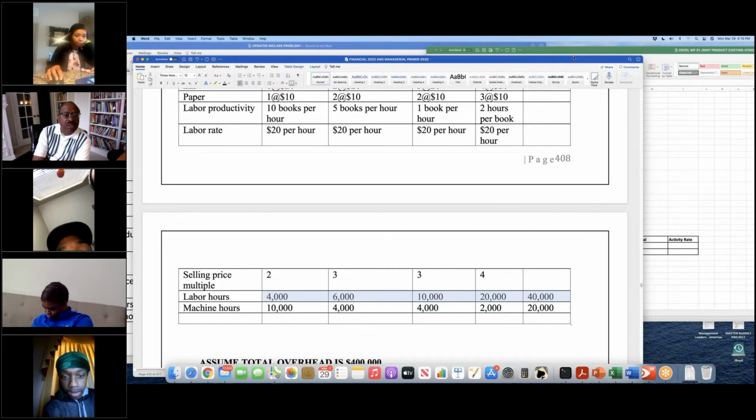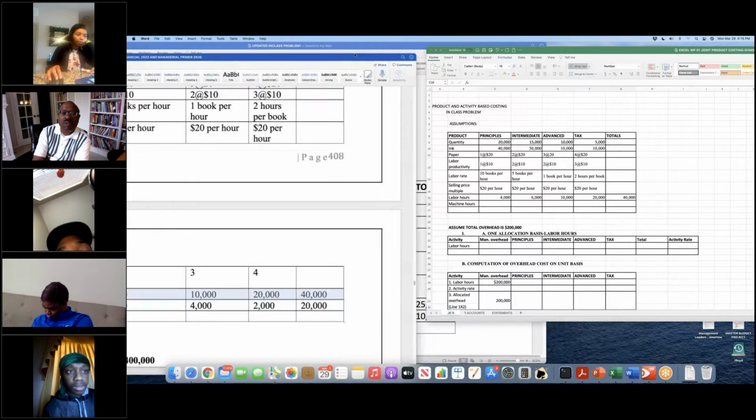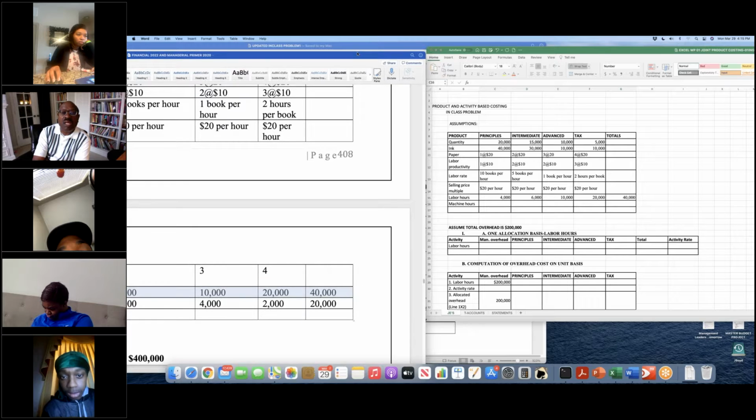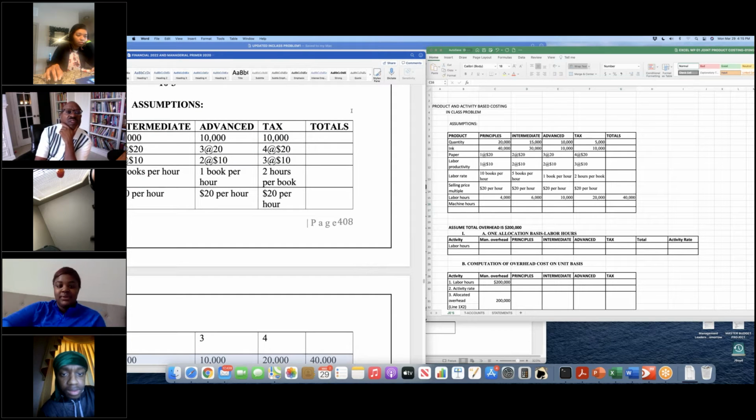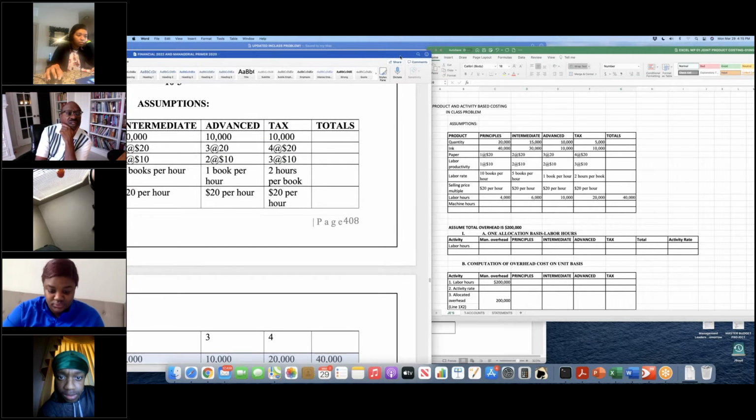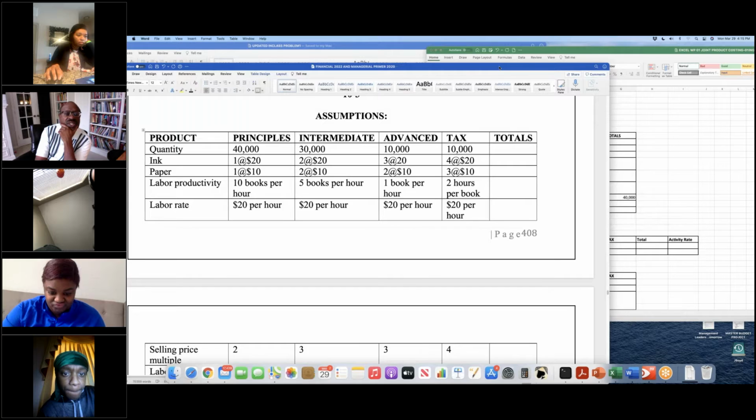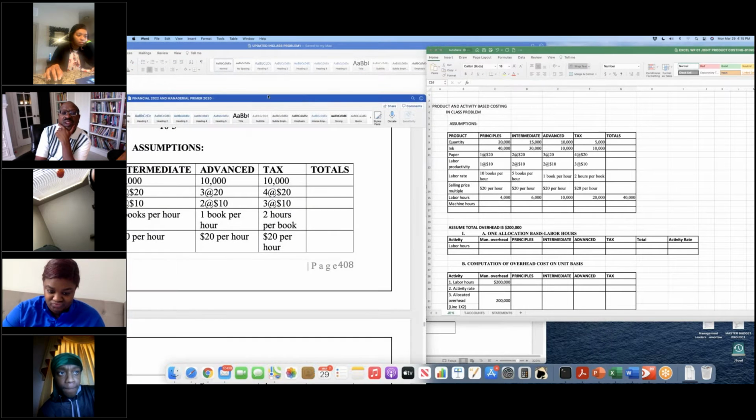Selling price multiples 2, 3, 3, and 4. Quantity 40, 30.